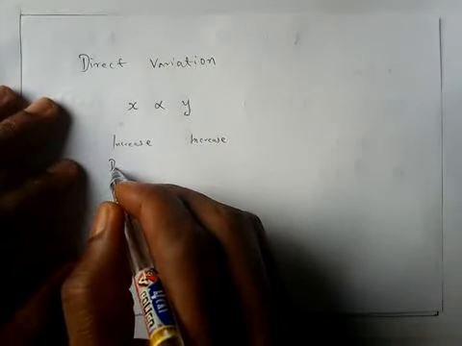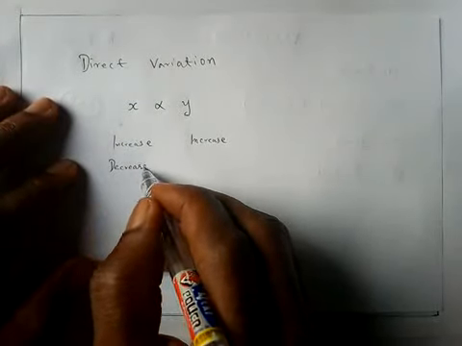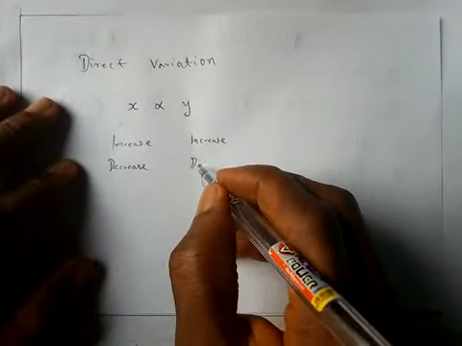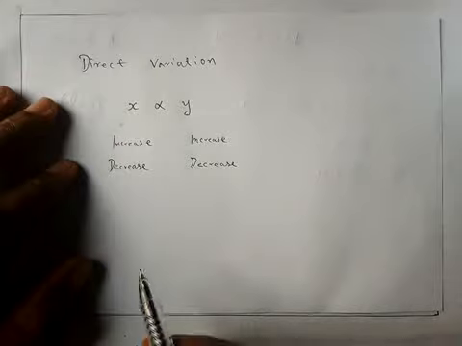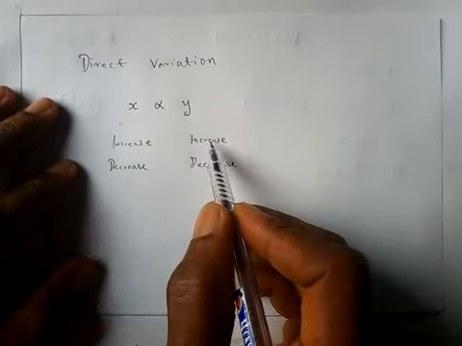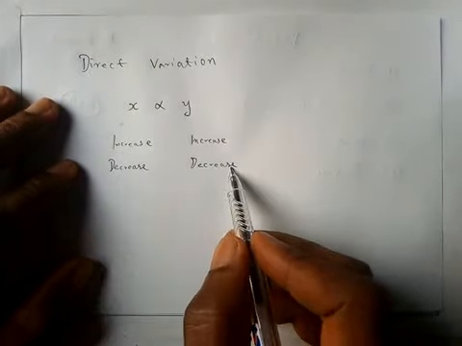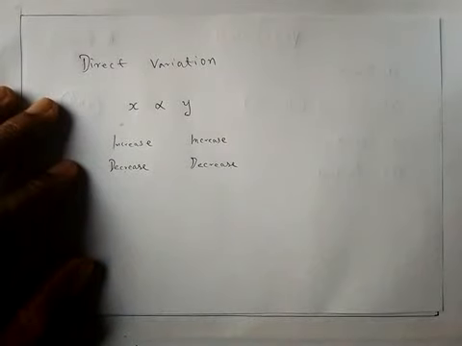And if there is a decrease in the value of s, there will be a corresponding decrease in the value of y. If it increases here, it increases here. If it decreases here, it decreases here. That's what makes it direct variation.